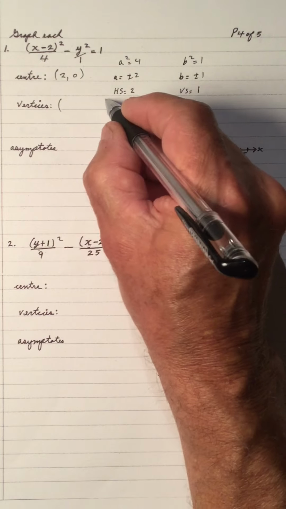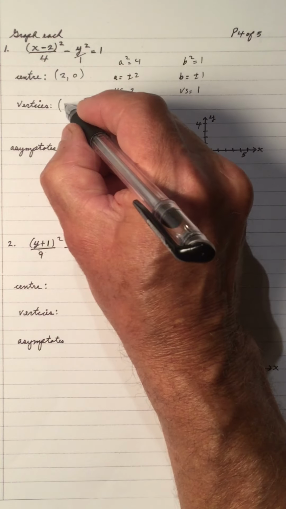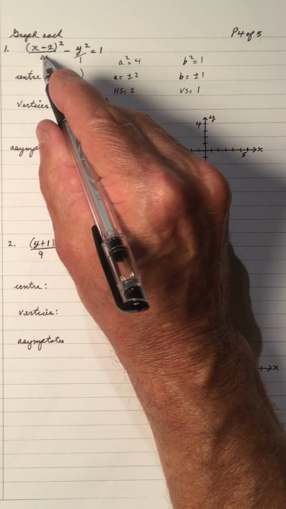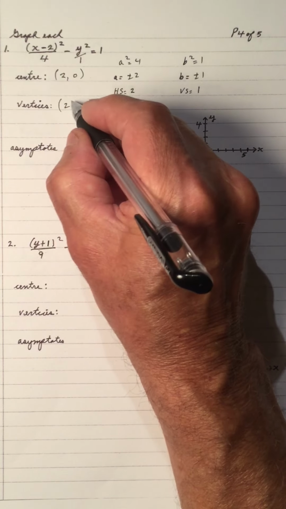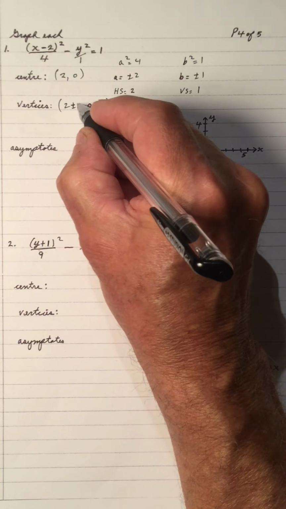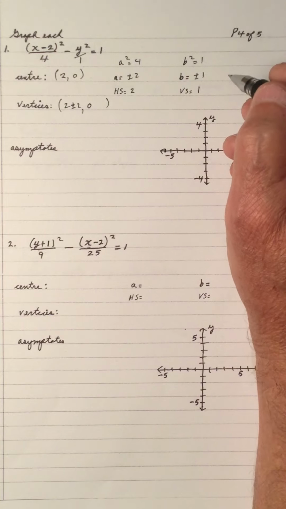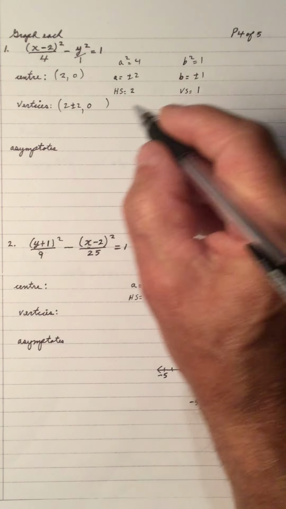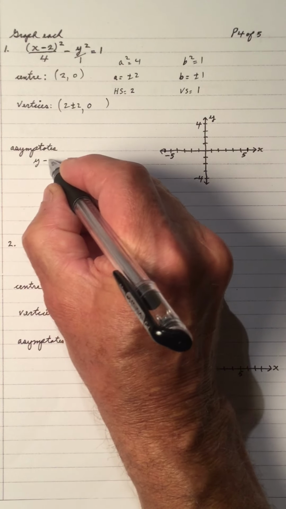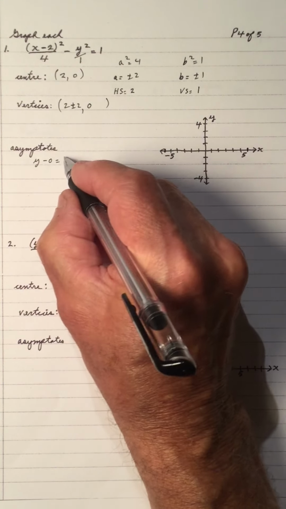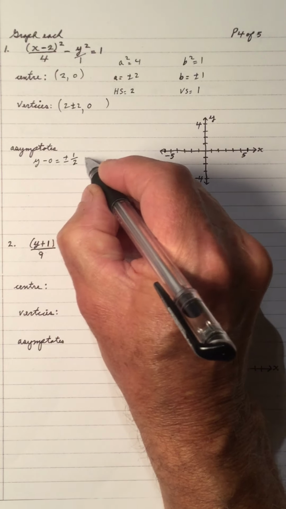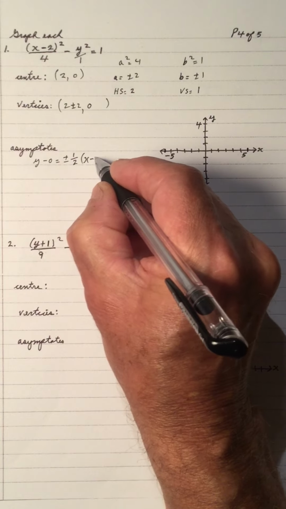And the vertices are the center of 2, 0. But because the x is positive, it has plus minus the 2. It's added on because the axis of intercept is the horizontal axis. And the asymptotes are y minus 0, and it's plus or minus b over a, which is 1 over 2, times x minus 2.